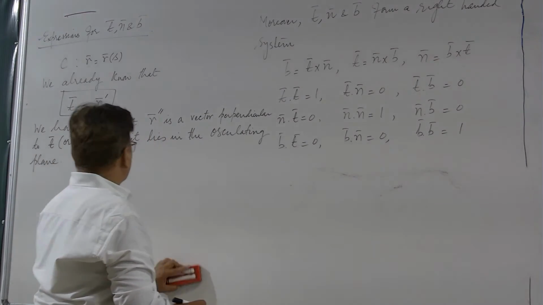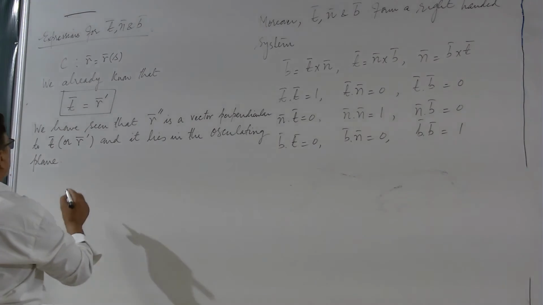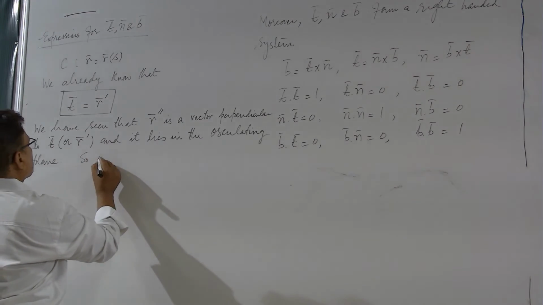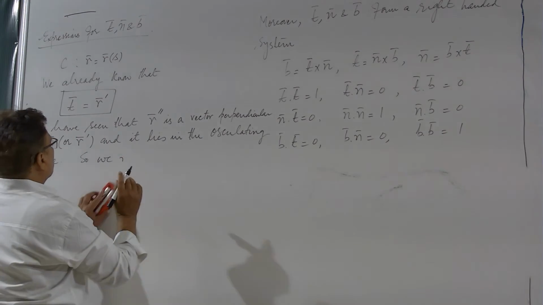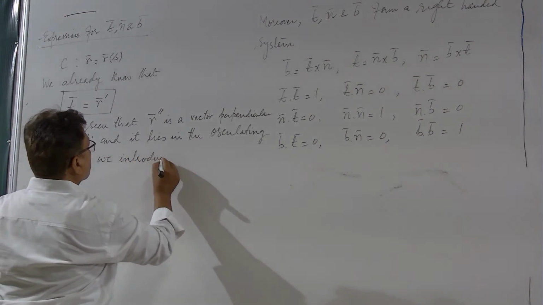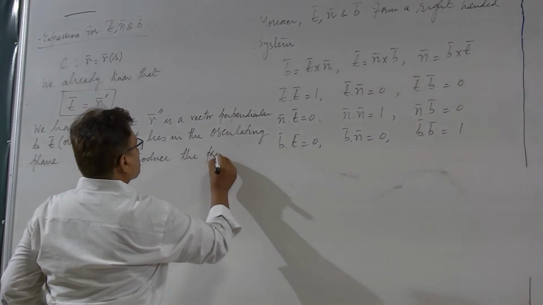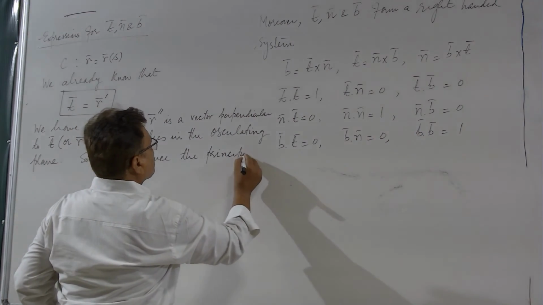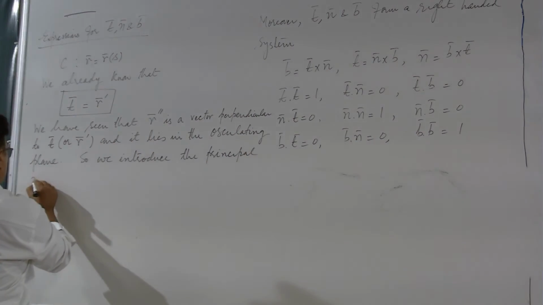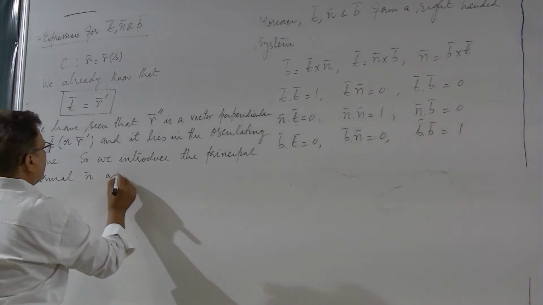So, I have got R double dash, a vector which lies in the osculating plane and it is perpendicular to T. So, we introduce the principal normal N as follows.